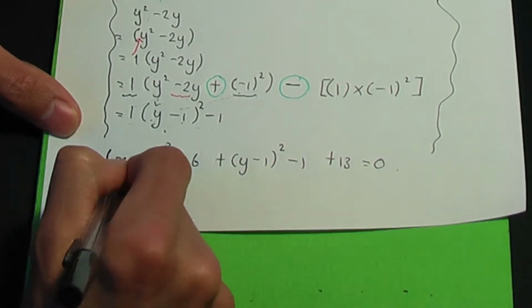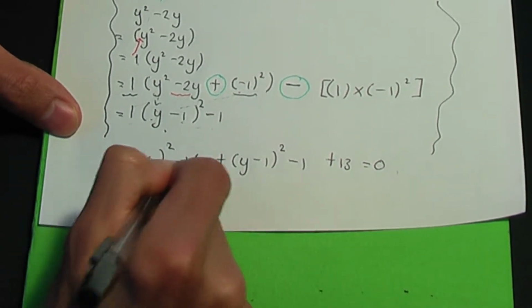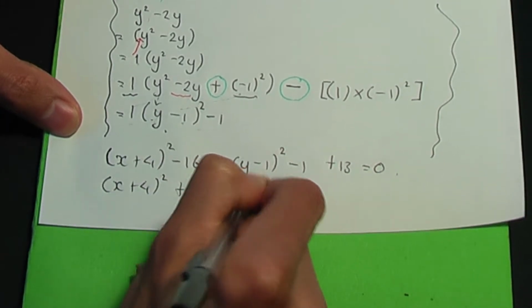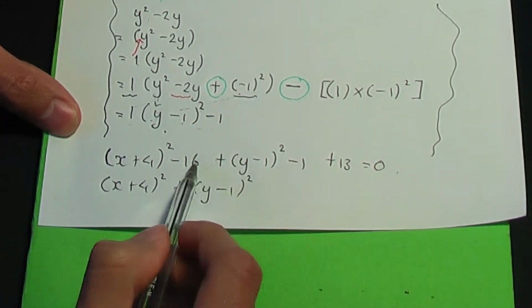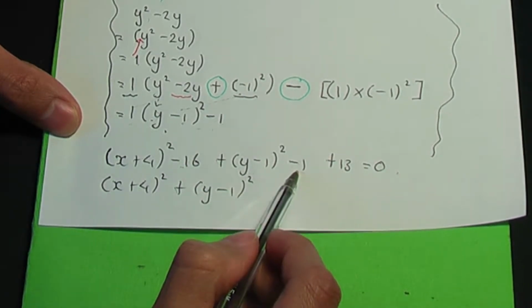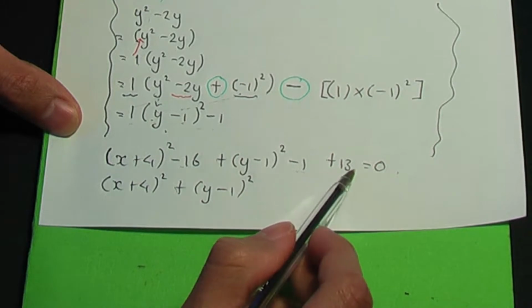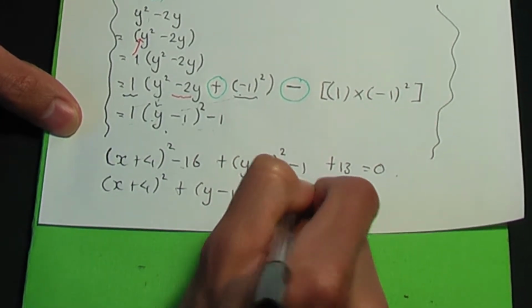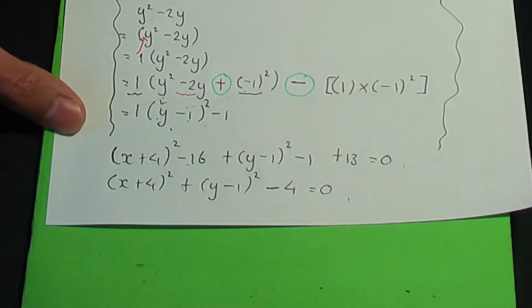And if I continue, we're going to have x plus 4 squared plus y minus 1 squared. Minus 16 minus 1 is minus 17. Minus 17 plus 13 is minus 4. So it's a minus 4, which is equal to 0.